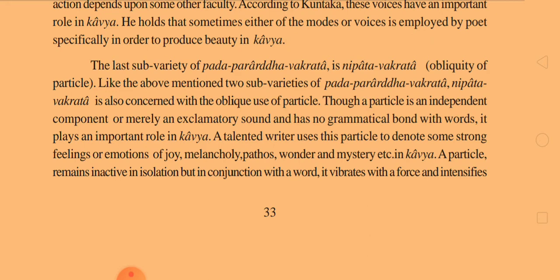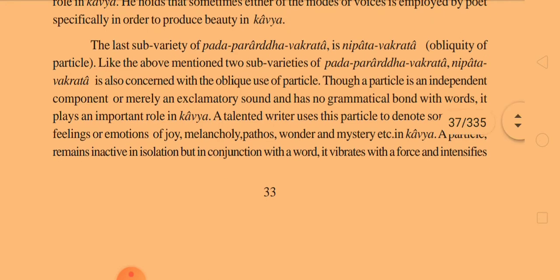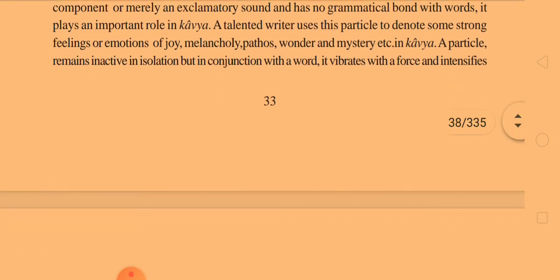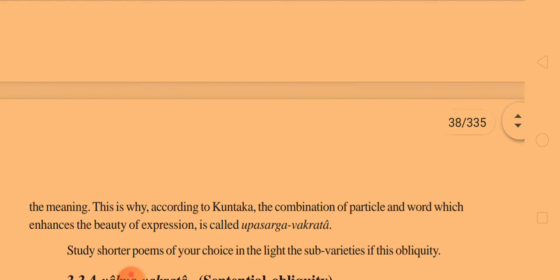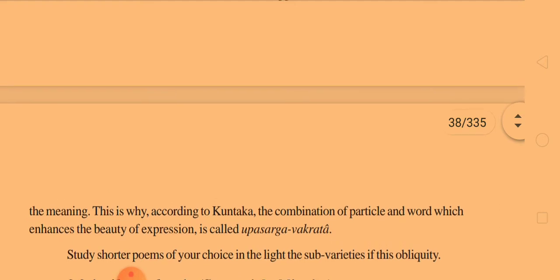A talented writer uses this particle to denote some strong feelings or emotions of joy, melancholy, pathos, wonder, and mystery, etc. in kavya. A particle remains inactive in isolation, but in conjunction with a word, it vibrates with a force and intensifies the meaning. This is why, according to Kuntaka, the combination of particle and word which enhances the beauty of expression is called Upsarga Vakrata.